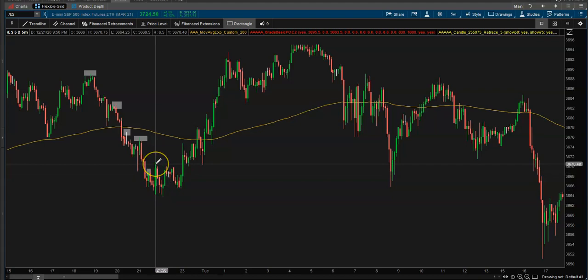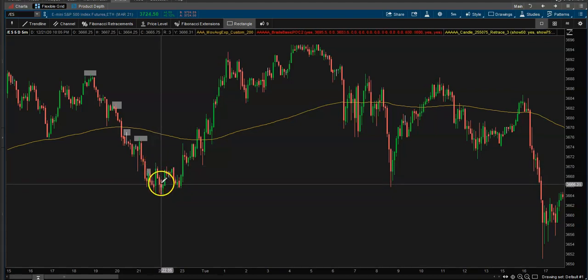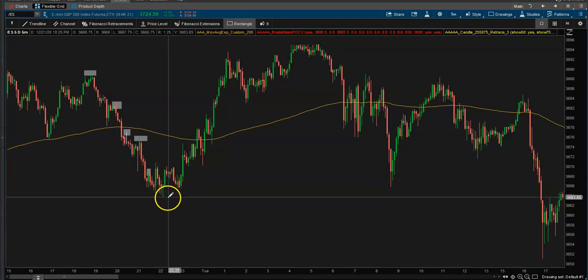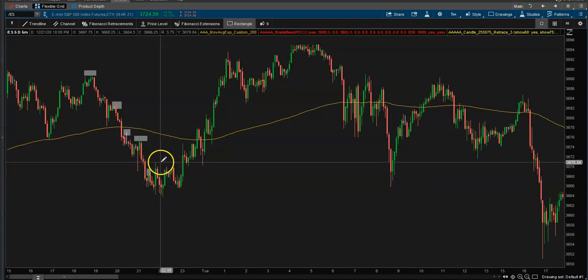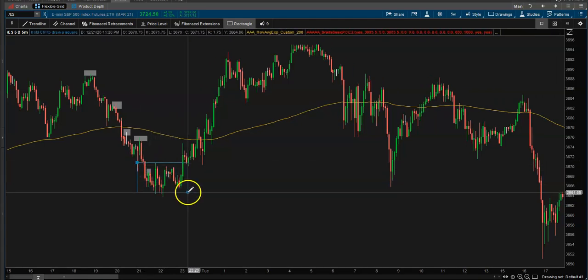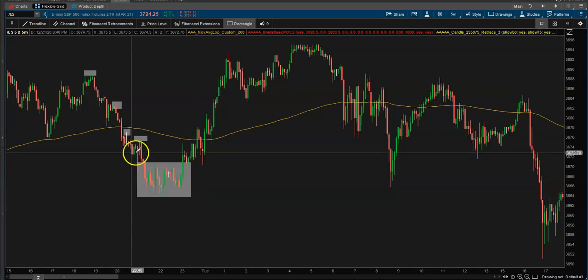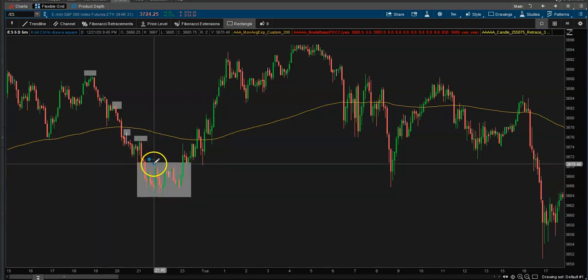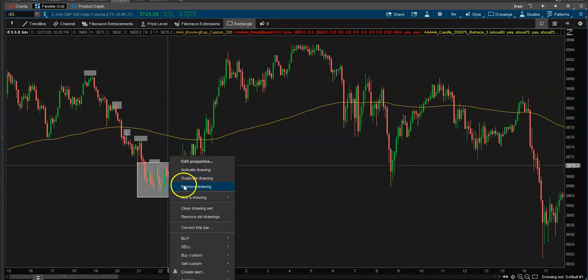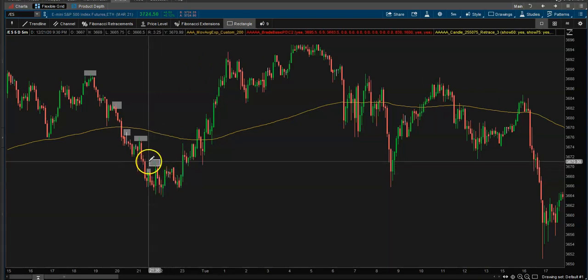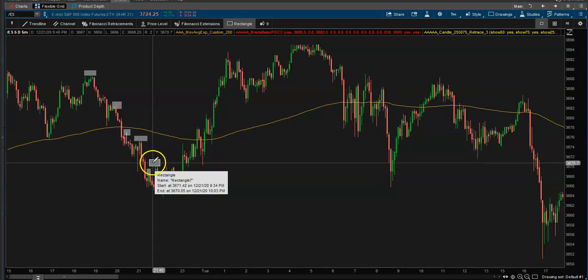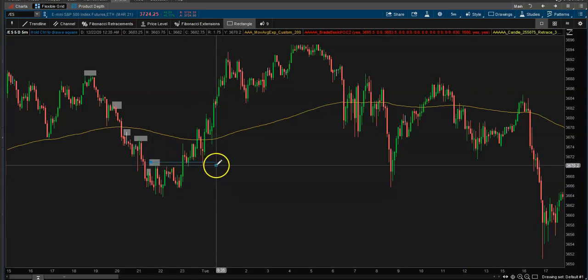Now this one we kind of break up, but then we reverse and we take out that low. And then we come back and you see all this price action right here, kind of sideways. Well, this is going to be more of my main high. We need to take this level out to reverse the trend.